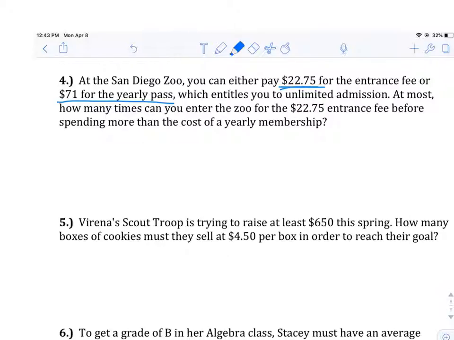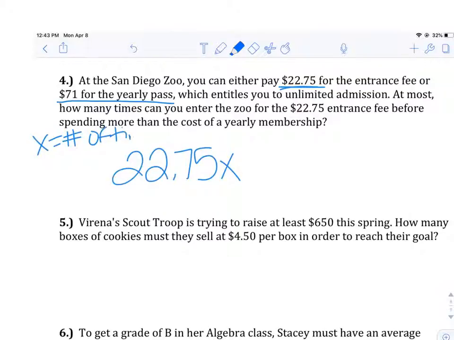So what we're going to do to set this up is we know that it costs $22.75 for each time that you go into the zoo. So we're going to say X is the number of times that you go to the zoo. So we want to find out when $22.75 times X will be less than $71.